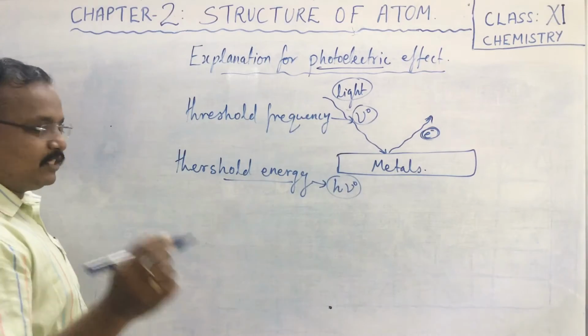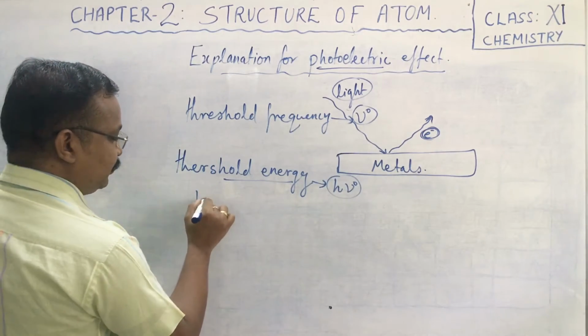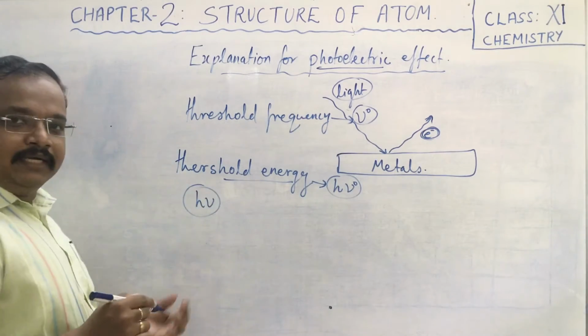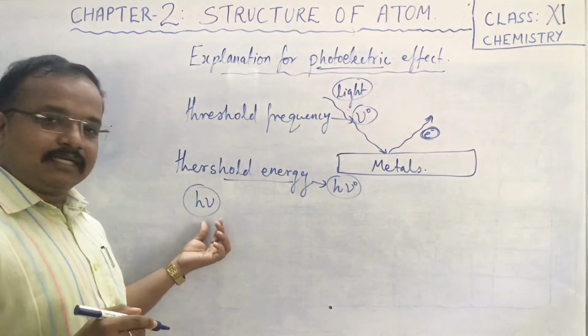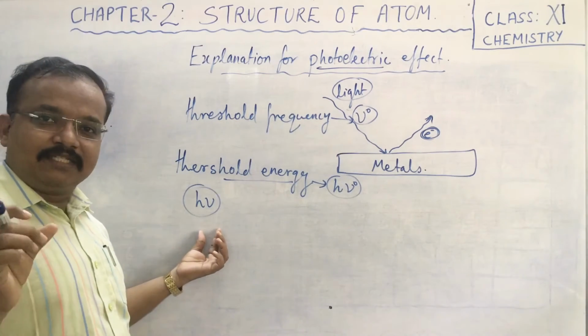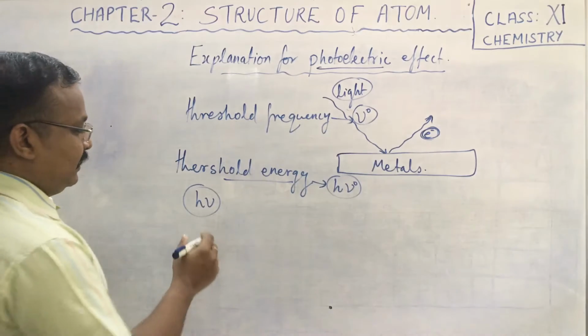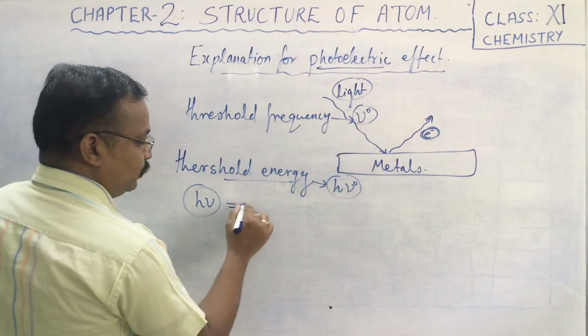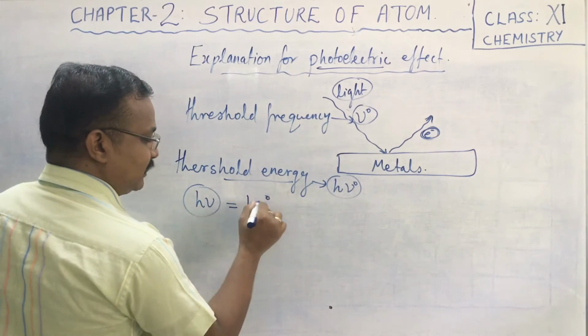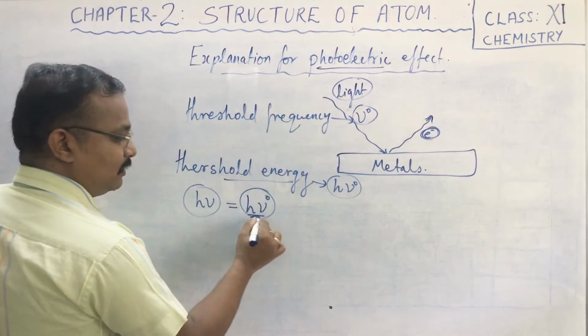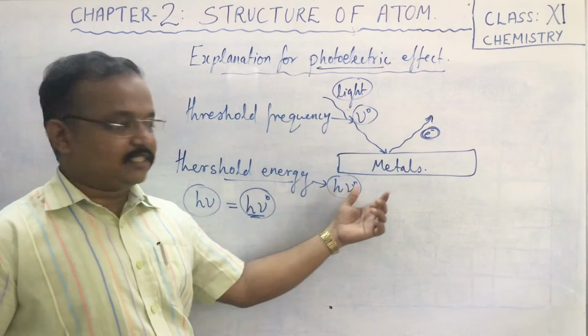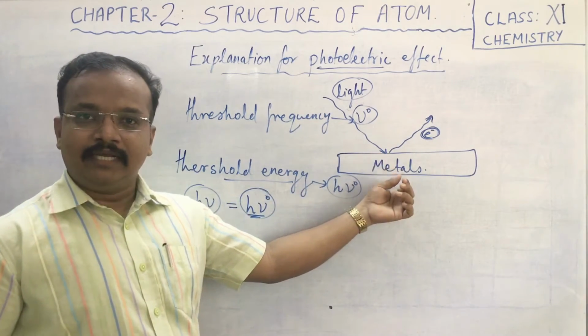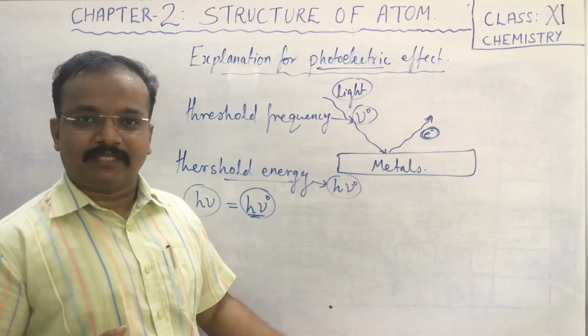As you have already studied, h nu is the energy of a photon. Here h nu is equal to this h nu zero, the threshold energy required for the electron to be emitted from the surface.